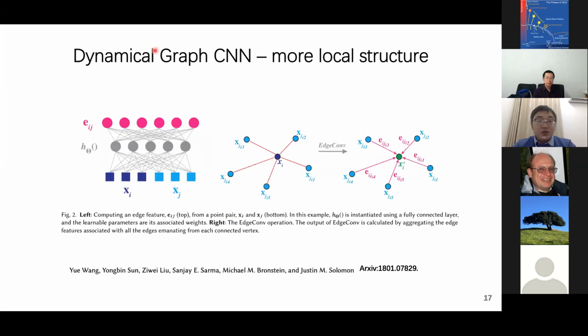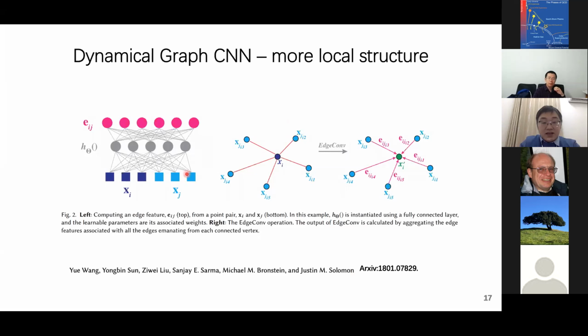So there is a new network structure called the dynamical graph convolution neural network, where people first use a KNN to find the k nearest neighbors of each particle, and then compute the correlation between this pair, xi and xj.